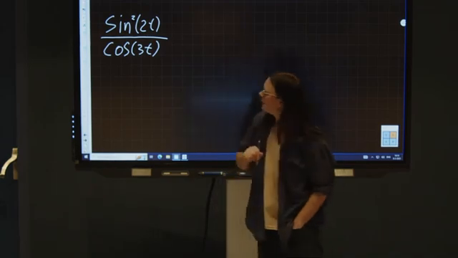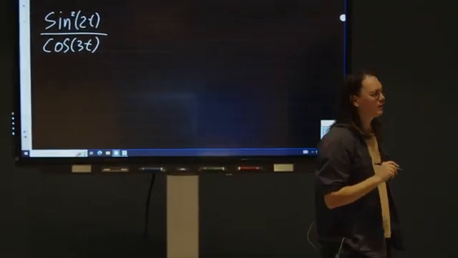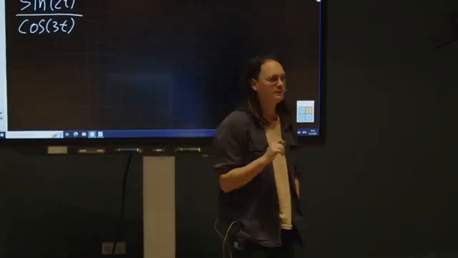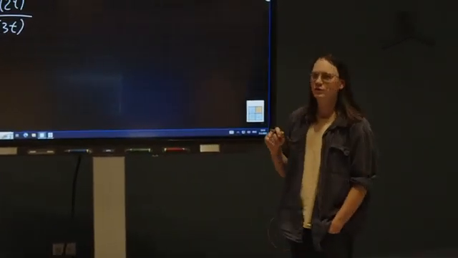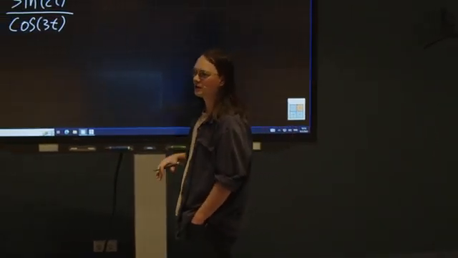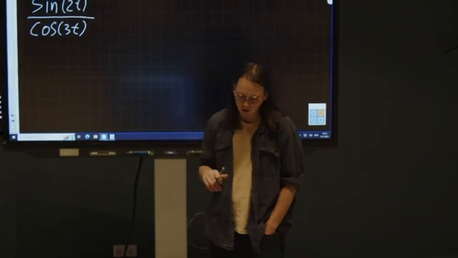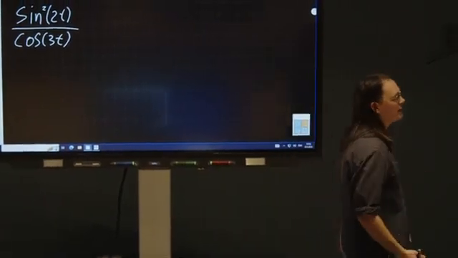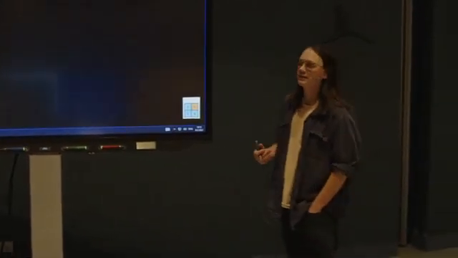to write this quotient, sine squared of 2t divided by cosine of 3t, as a quotient that only contains references to cosine t, but not to sine of anything, not cosine with some other frequency, just cosine t. And so what that comes down to is just doing a bunch of rewriting by applying trigonometric identities again and again.